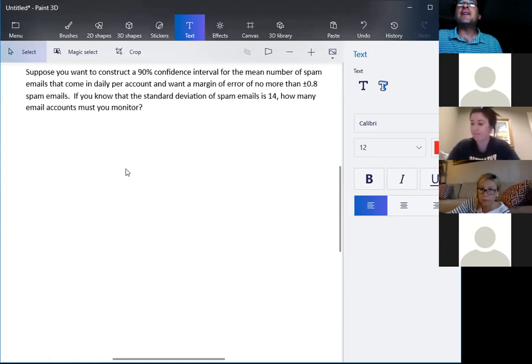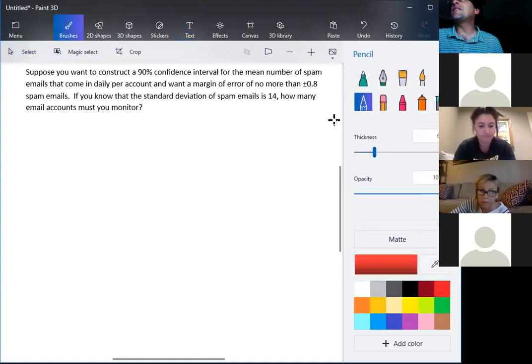Okay, so to do this, you need the formula. Notice this is another sample size question. It's what sample size you're going to need to be able to get a good estimate.